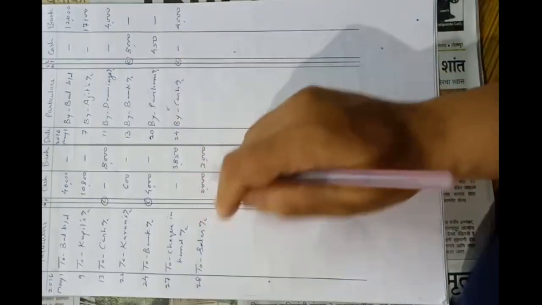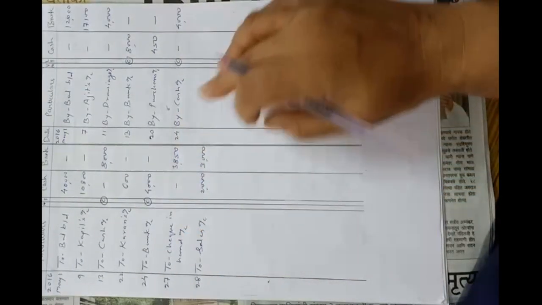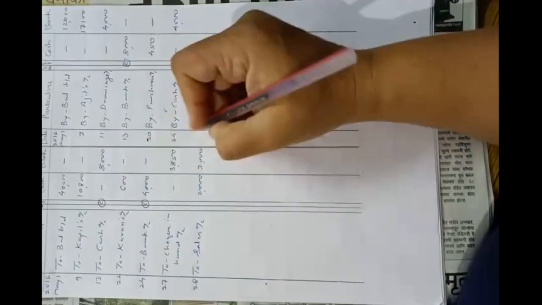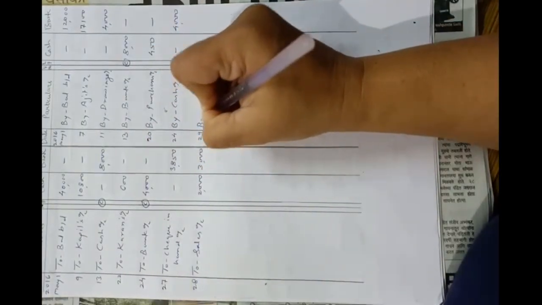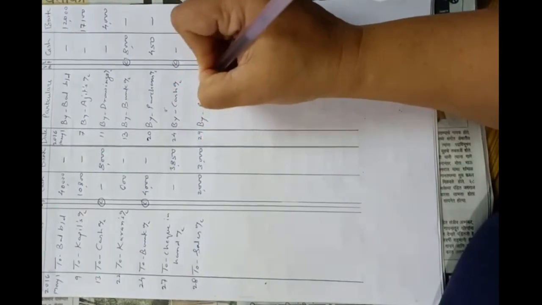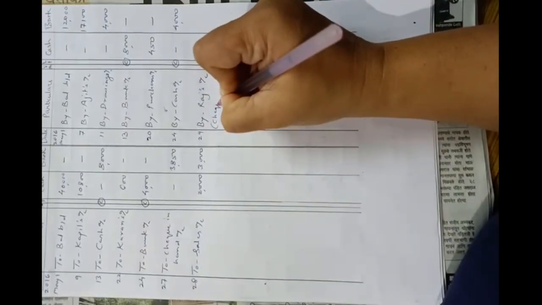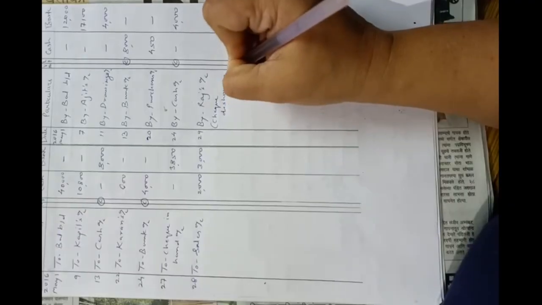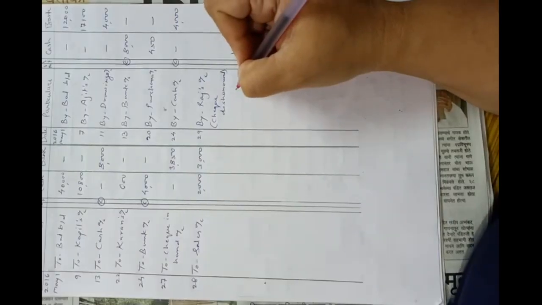So entry will be passed on opposite side of check received, that is check deposited, opposite side of the dishonor of check. So on 29th, by Raj account into bracket check dishonored, and bank charges will be added in this amount.